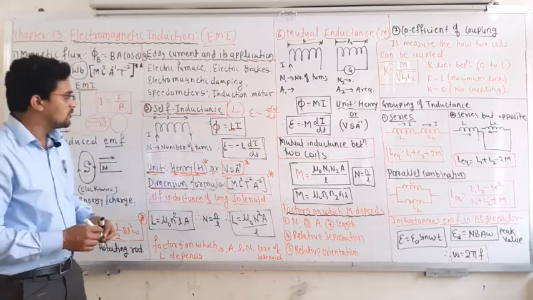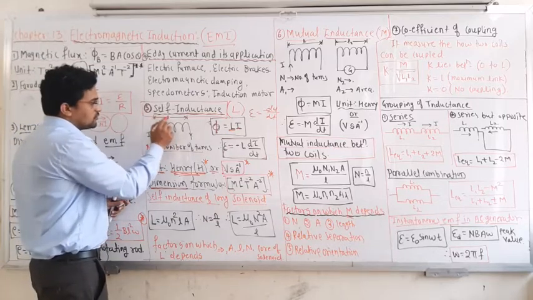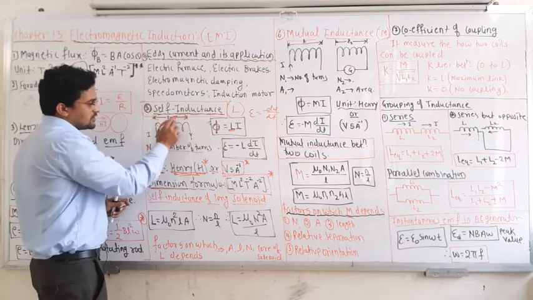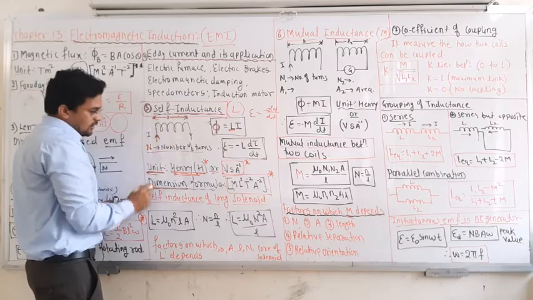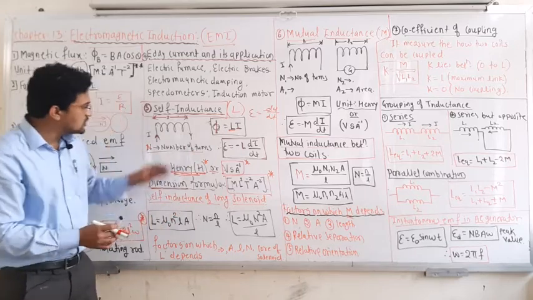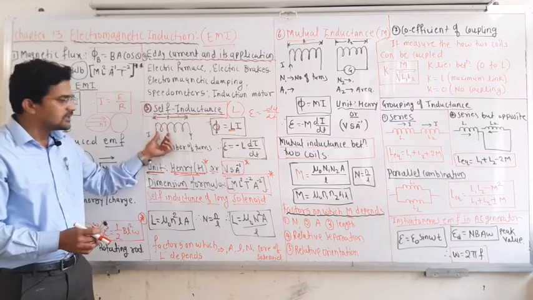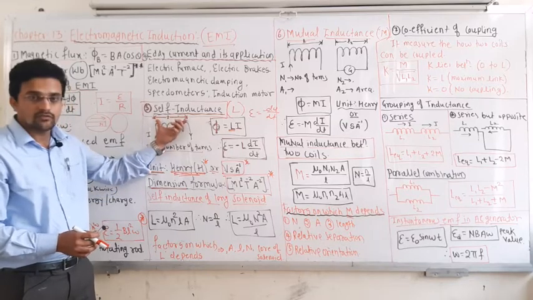If you have n number of turns, and the length of the solenoid is L, and current I is flowing, then the self inductance L can be calculated using the physical parameters, meaning how much current is flowing, the number of turns, and the length of this solenoid.